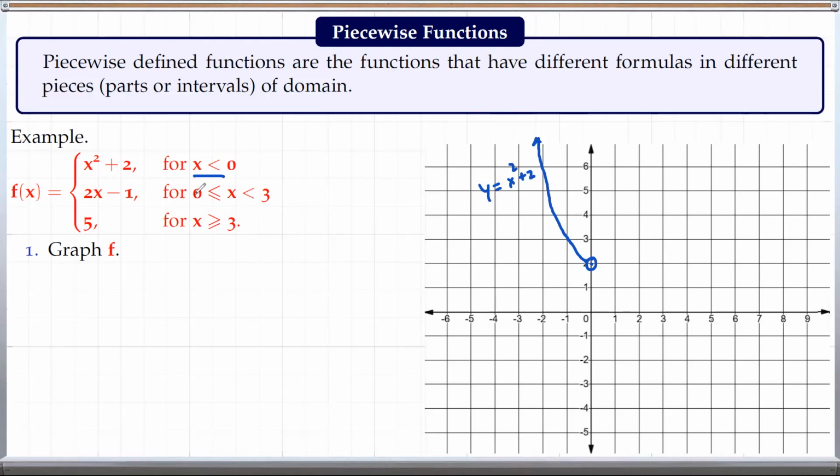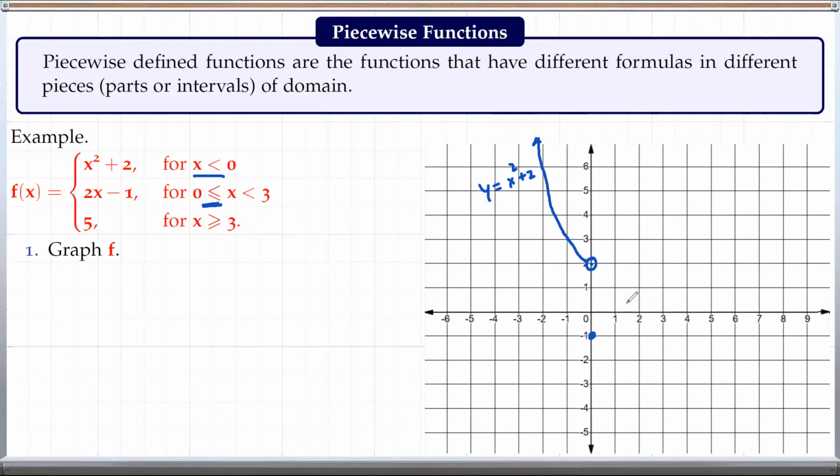In the second interval, between 0 and 3, including 0 and not including 3, we have y equals 2x minus 1. When x is 0, y will be 2 times 0 minus 1, which is negative 1. We include that point because x is greater than or equal to 0. Since it's a linear function, we just need one more point to graph this accurately.